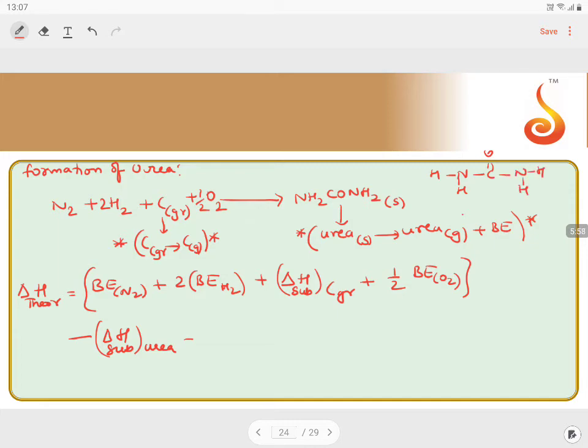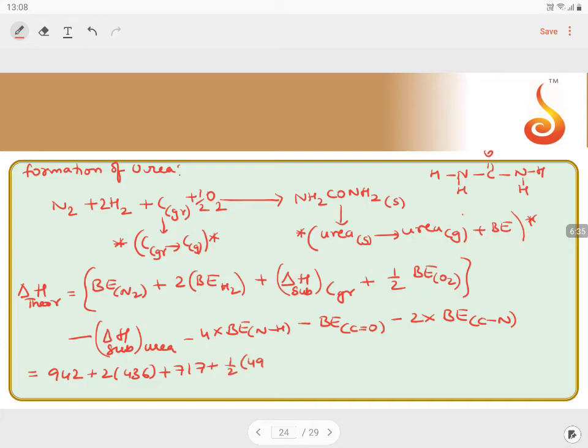This is your formula. We have 4 N-H bonds, so minus 4 times the bond energy of N-H, minus the bond energy of the C=O bond, one is there, minus 2 times the bond energy of C-N bonds. If you substitute all this data, you get the bond energy of nitrogen, 942, plus 2 into 436 plus 717 plus half into 498.